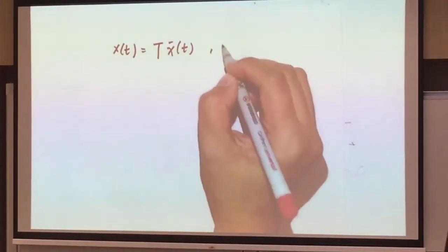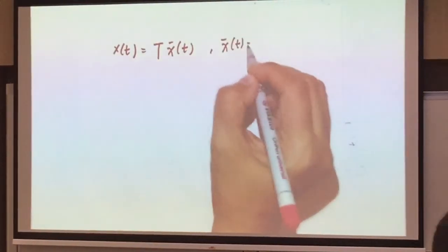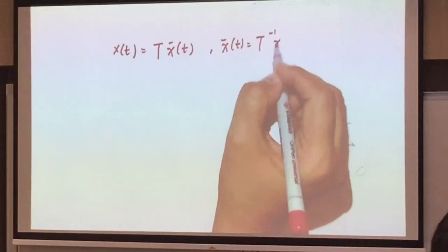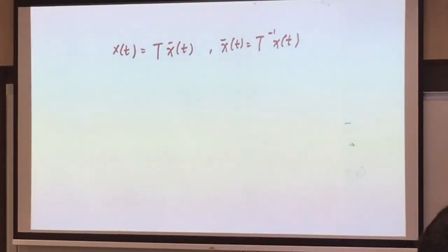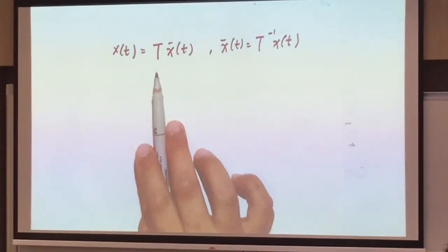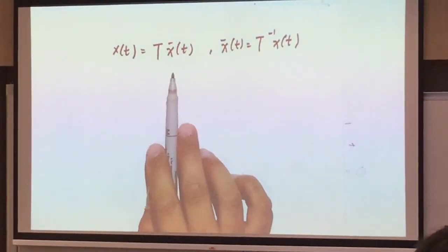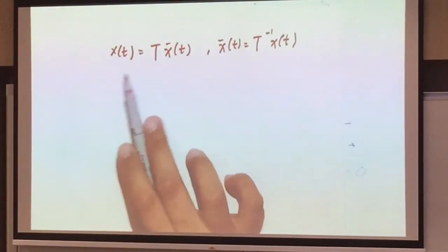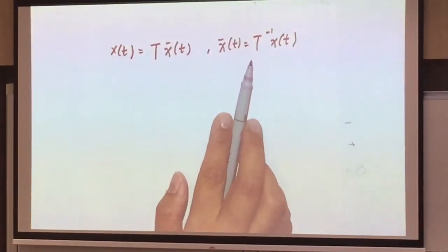Such an x bar is T inverse x(t). This is no longer a scalar, it's a vector, because states are vectors. So we move this to the other side, T inverse.